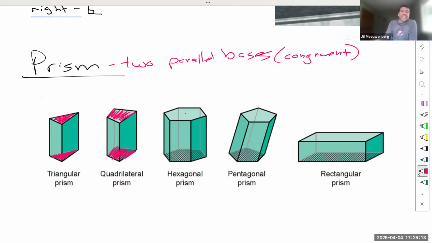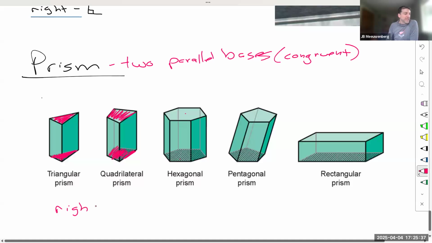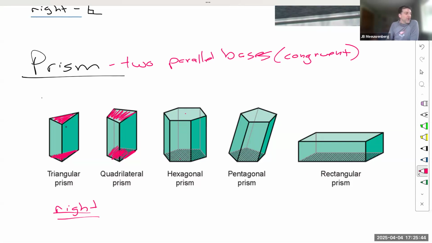Now, like pyramids, they get their names from the shape of their bases, as we can see: pentagonal prism, hexagonal prism, quadrilateral prism. And just like pyramids, you can have a right prism as well. So do we see any that would be considered right, meaning they meet at a 90-degree angle, the lateral side is perpendicular to the base?